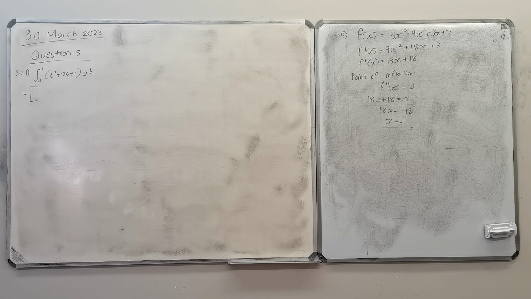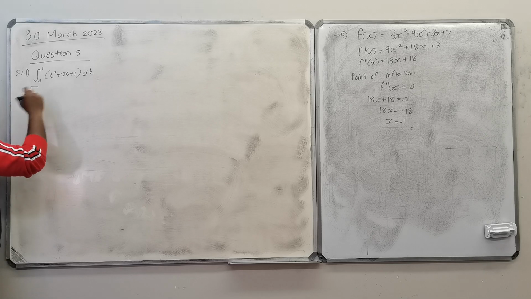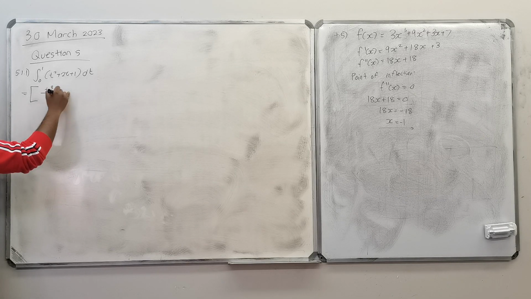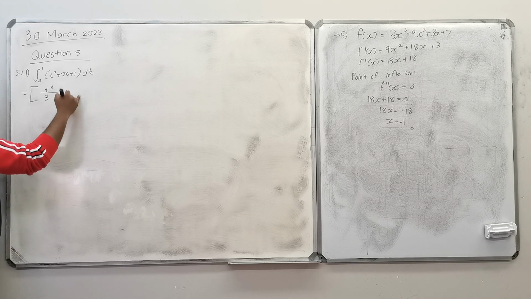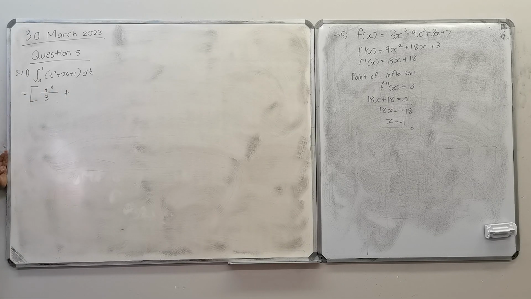Right at the bottom, below the differentiation table: the integral of ax to the power n dx is equal to ax to the power n plus 1 over n plus 1 plus c. So this here is going to become what? t cubed all over 3. Agreed? Plus 2t would become what?